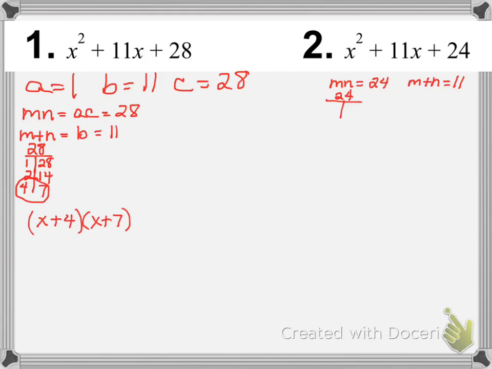Again, since the 24 is positive, your magic numbers are either both positive or both negative. So we've got 1 and 24, 2 and 12, 3 and 8, and I'm going to stop right there because I can see that 3 plus 8 equals 11. So I split up my magic numbers, and it ends up being plus 3, plus 8.